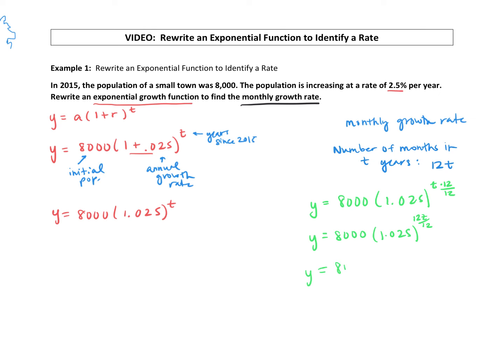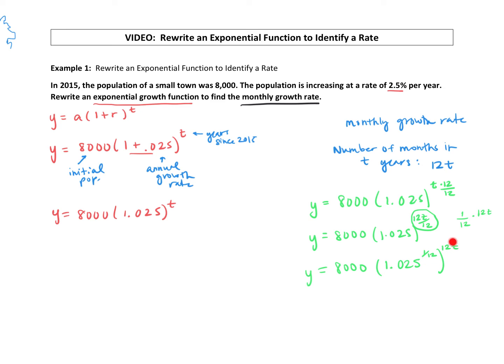So with our exponent properties, we can separate this 12t over 12 into a 1/12 times 12t. If you remember your exponent properties, I can raise the 1.025 to the 1/12, and then that's going to be raised to the 12t power.